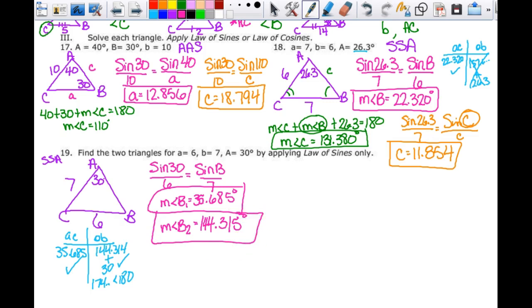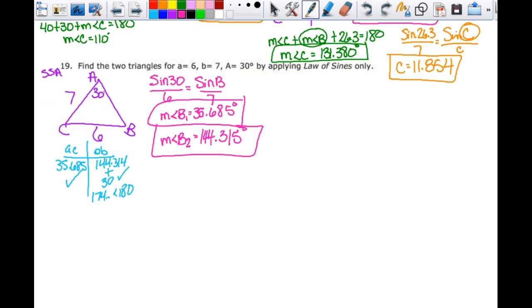All right, got interrupted again, so again, I have no idea what the last thing I said was. But, all right, we have found B1 and B2. And so there's two different sets of information that I have. And so now that I have A and I have B1 and I have B2, I can go ahead and find C1 and C2.